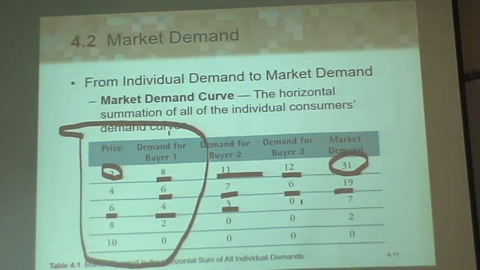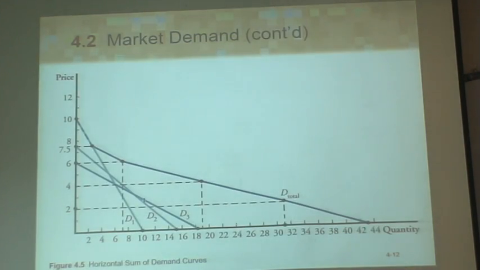But the willingness to pay for person 3 is a little bit less, so he will buy 0 here. So the total quantity demanded will be 7. If you draw a picture anew, this would be person 1, person 2, and person 3. But for the market demand, you have to add them all up. So that's the market demand curve.